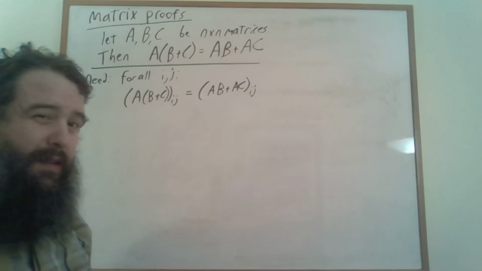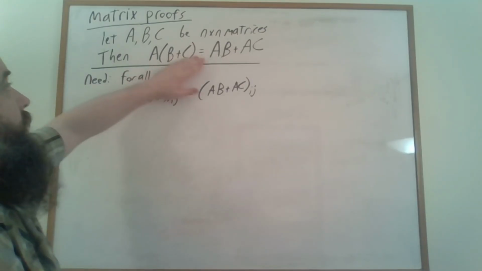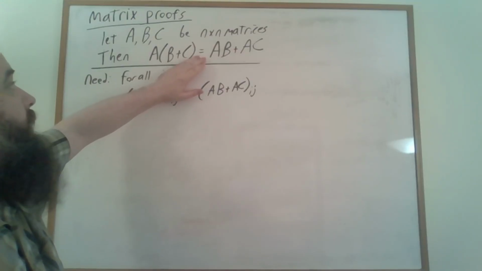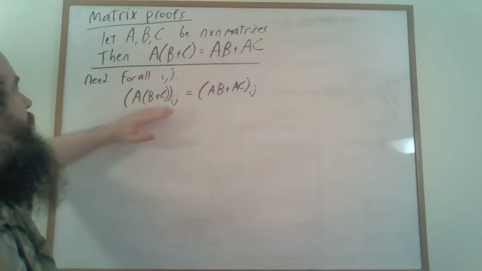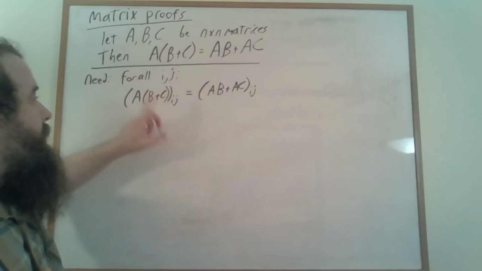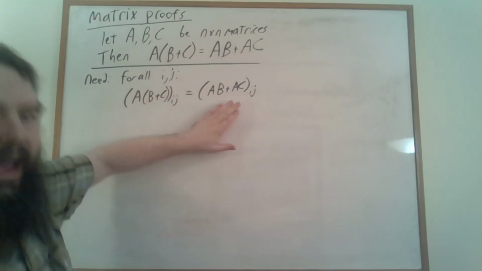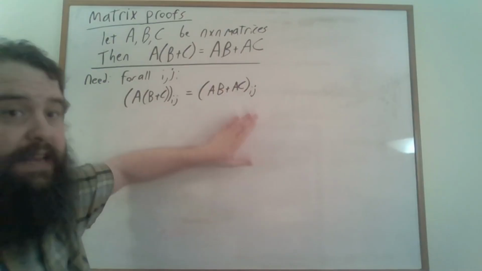Now we need to be a little bit careful because we're working backwards from our goal. Our goal is to get here, to prove this equality. And in order to do that, we need to prove this equality for all i and j. So we need to remember that even though we've written this down, this is not something that we have proved, this is something that we need to prove.